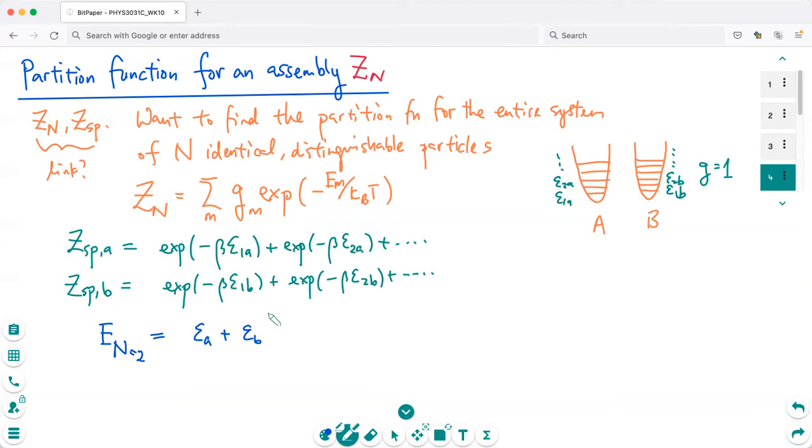So for example, this EB comes from this list. I will have epsilon 1b, epsilon 2b, 3b, and so on. So I have to pick something from this list, and likewise here I will have epsilon 1a, epsilon 2a.